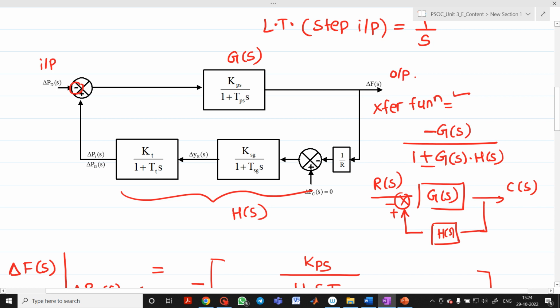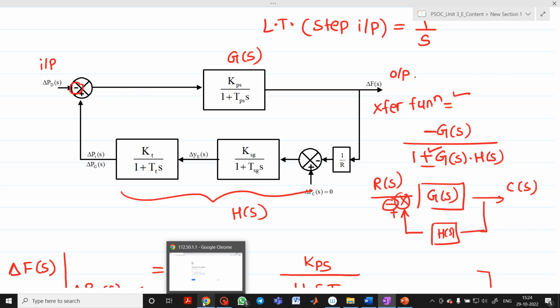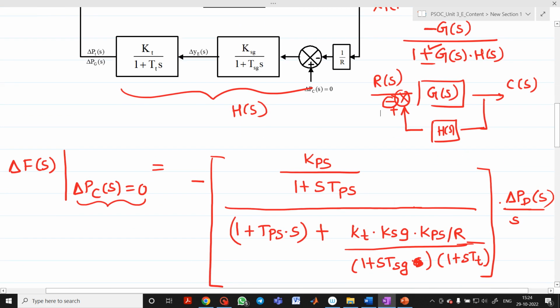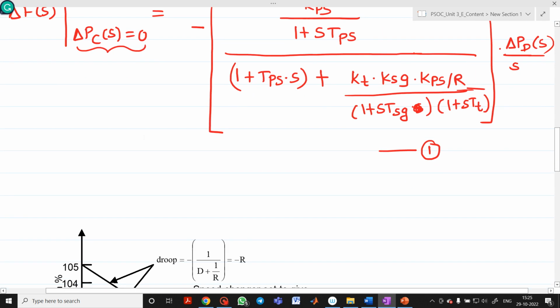Here the transfer function will be like this. Why is this plus sign there? This plus sign is there because the input is negative. Therefore we got G(s) upon 1 plus G(s) into H(s). And why this minus sign? Because the input here you got as negative. So therefore I will write this expression.